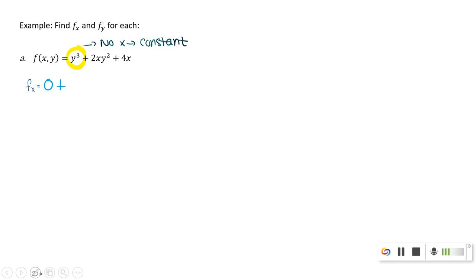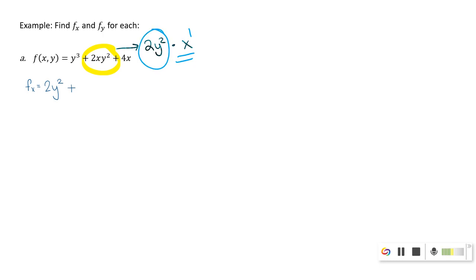Then I move to my second term. The second term, 2xy squared, does have an x in it. The x is being multiplied by a 2y squared, so this is kind of like a linear term. We have an x to the 1, and the 2y squared is like the constant being multiplied by that x.